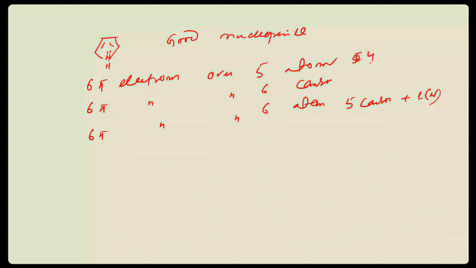In pyrrole, 4 carbon and 1 nitrogen, the same electron cloud is distributed over 5 atoms. That's why this is quite an electron rich system. As this is electron rich, it is very good as a nucleophile. Let's give a proof.